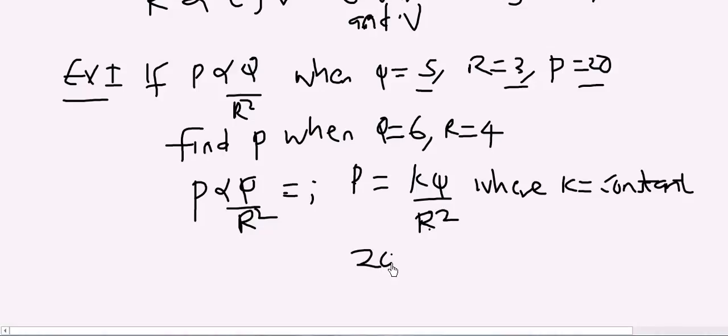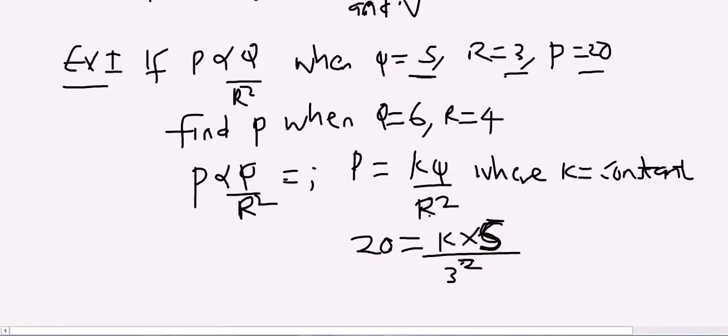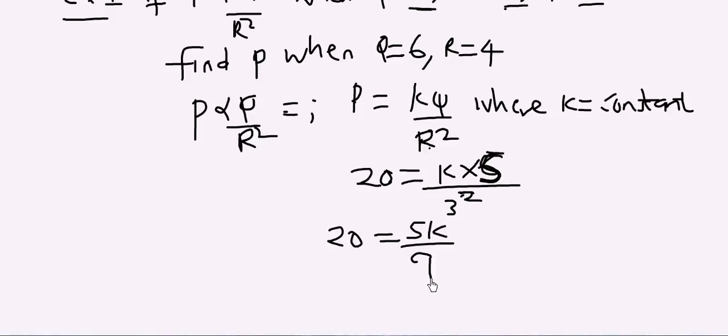We have 20 is equal to k, which is a constant, times q, which is 5 here, over r². What is r? r is 3, so we have 3². So that you can have 20 is equal to 5k over 3² is 9.